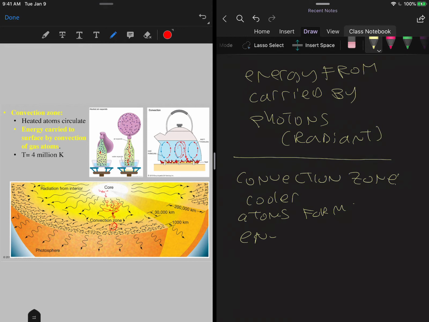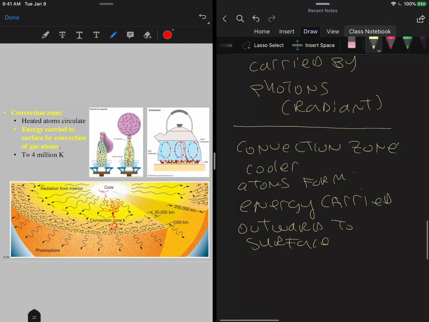So the energy that was created from the core is carried outwards now to the surface by convection of hydrogen gases, or hydrogen atoms.